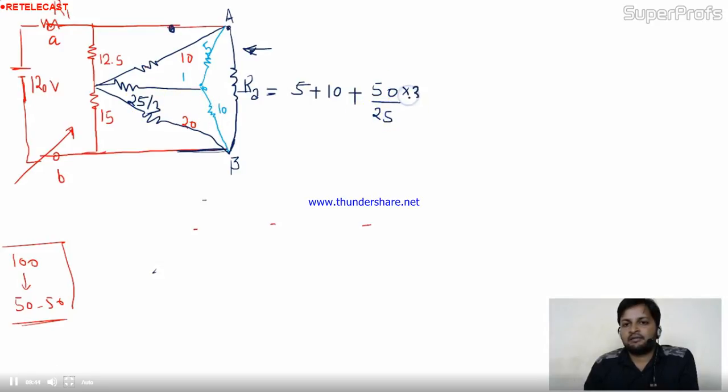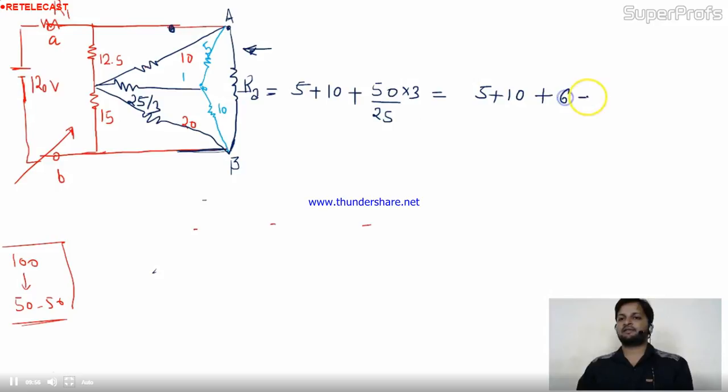By 3 will come here. So you will be having 5 plus 10 plus 50 by 25, that is 6 plus 6. So you are having 21 ohm. So you can write over here 21 ohm. Is it okay?